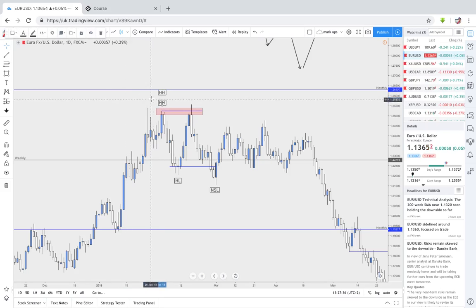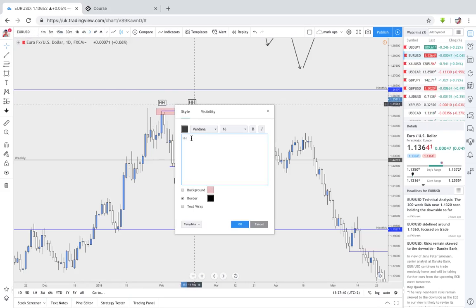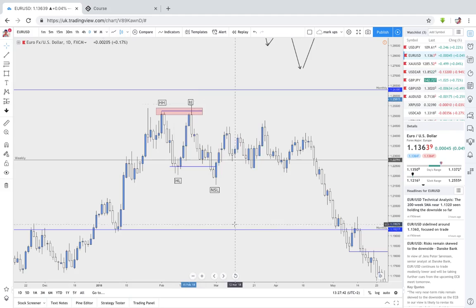The next one would not be a higher high, it would only be a high point, reason being we did not create a candle higher than this one. So that is just a normal high. That is our higher high because it's higher than our previous high, and this high is the exact same as our previous one over here.